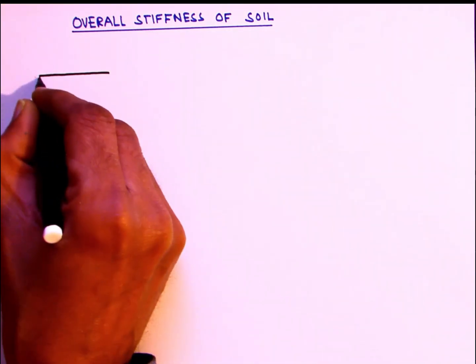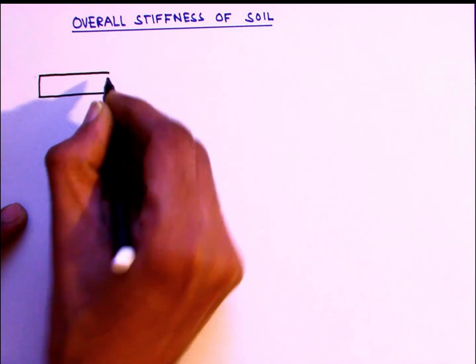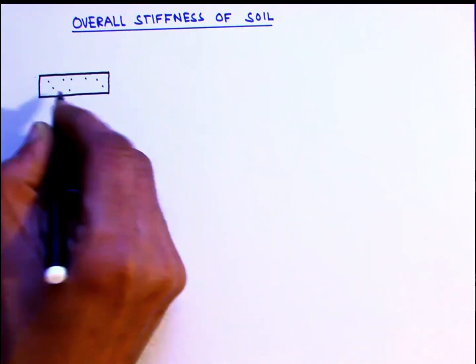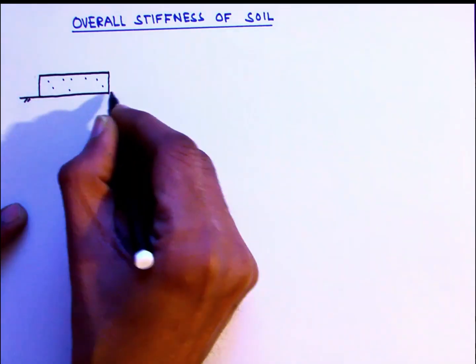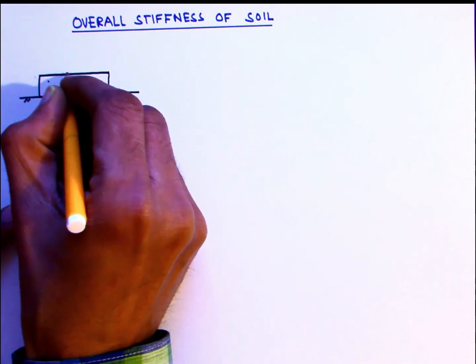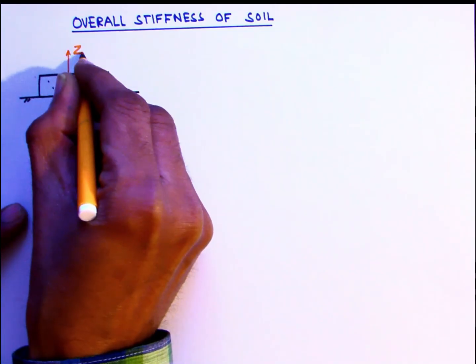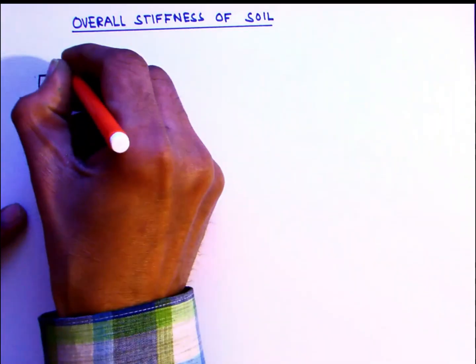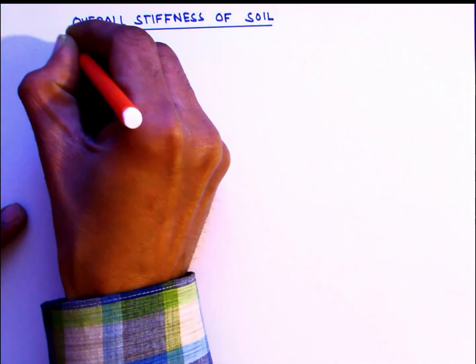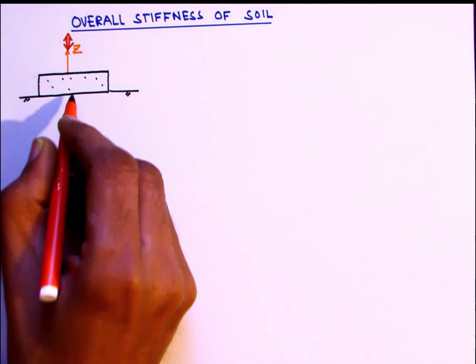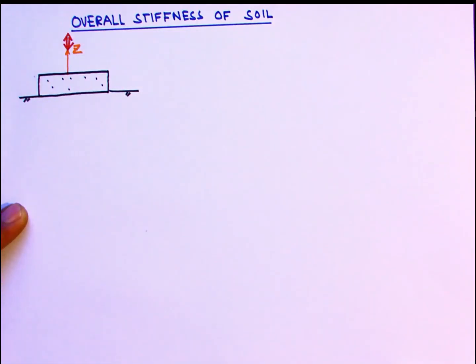For pure vertical vibrations of the soil, say under a reciprocating type of motion of a machine which is acting concentrically with the base and in the z direction, the soil stiffness can be modeled as a spring acting in the vertical direction.